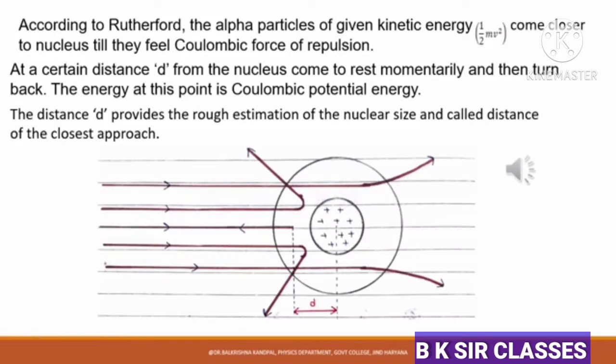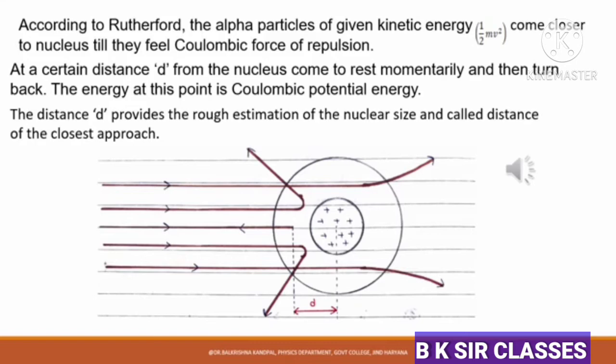According to Rutherford, alpha particles of given kinetic energy, half m v squared, come closer to the nucleus until they feel the Coulombic force of repulsion. It is important to know that these particles feel the Coulombic force when they come near the nucleus at a certain distance d.